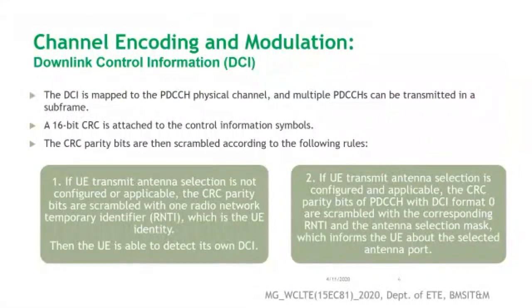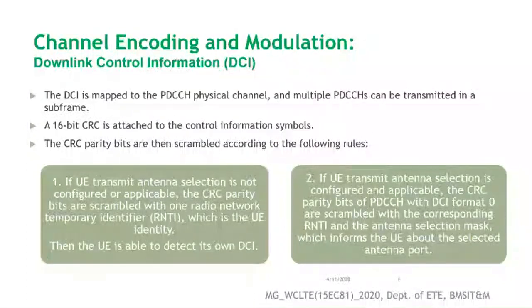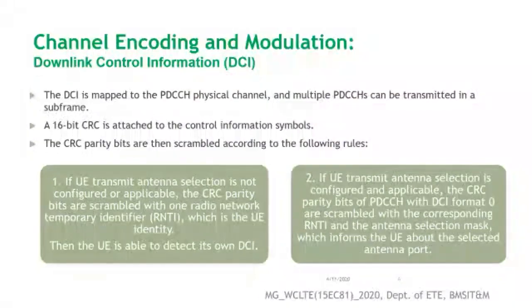It is a physical channel, and multiple physical downlink control channels can be transmitted in a subframe, because this will occupy the first few OFDM symbols in each subframe. So I can have multiple PDCCH, and here the CRC used is a 16-bit CRC.